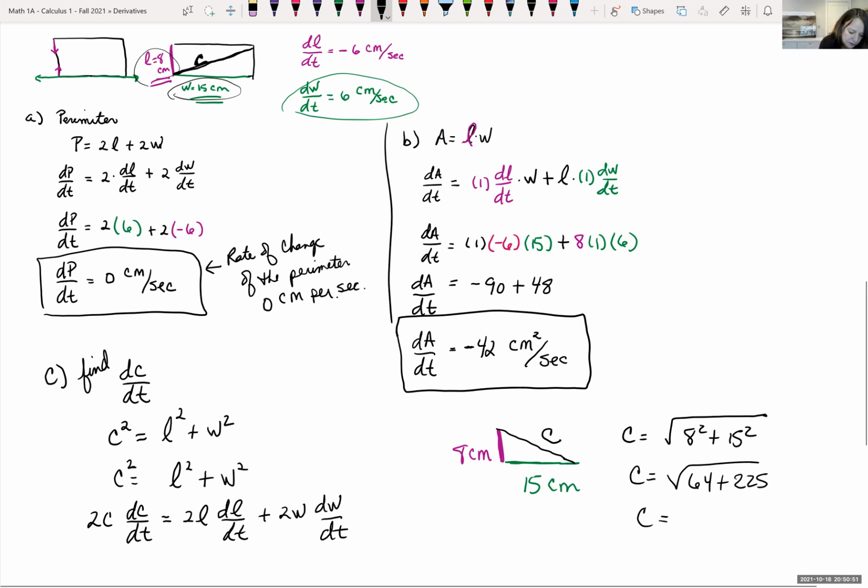So c is equal to the square root of 289, which I don't think is a square root. Oh, it is 17. c is 17 centimeters. So we needed that piece right here because we have a c in here now.